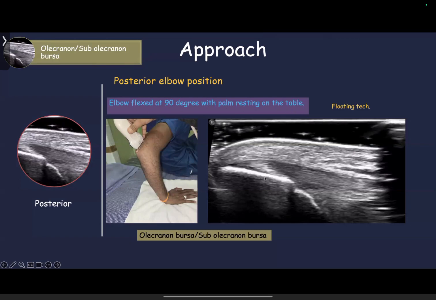To look at the olecranon bursa or the subolecranon bursa, in a normal individual it is difficult to see, because unless there is a pathology, it will not fill up. So this is the expected position of the olecranon bursa or the subolecranon bursa.